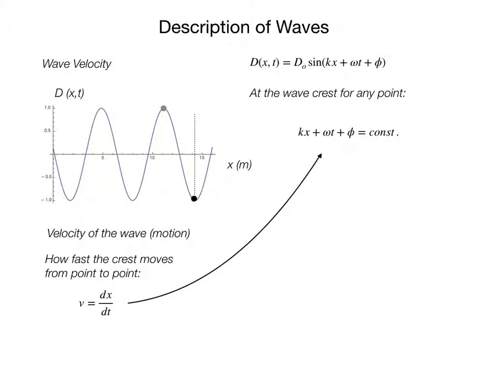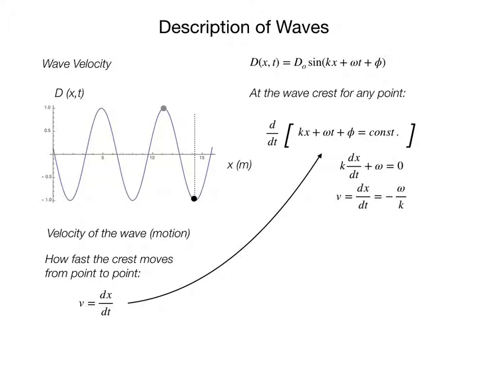Going back to our relationship about the crests and the argument of the sine for particles that become crests, we can easily find that derivative dx/dt. We simply differentiate the expression, and that will give us k dx/dt plus omega. Remember, the derivative of omega t is just omega. This will have to be equal to 0 since phi and the constants are just constants, so they disappear in the differentiation process.